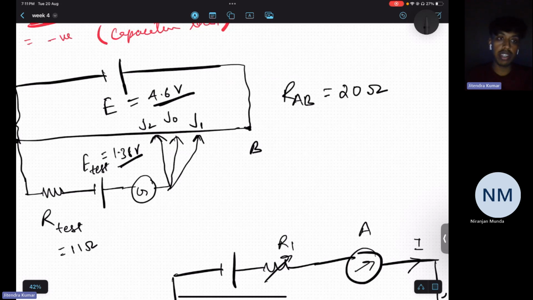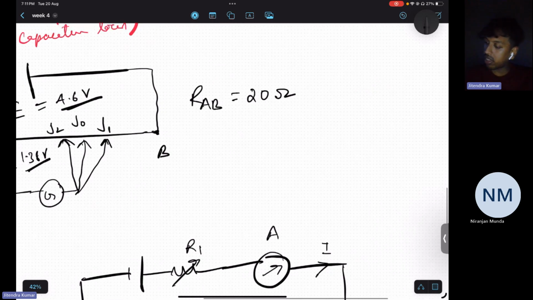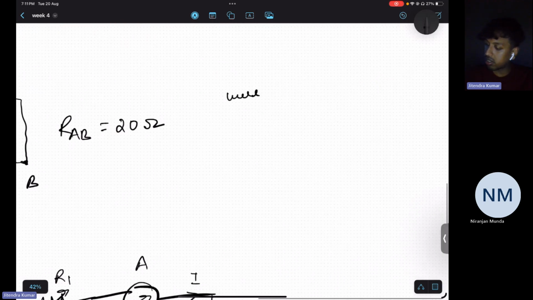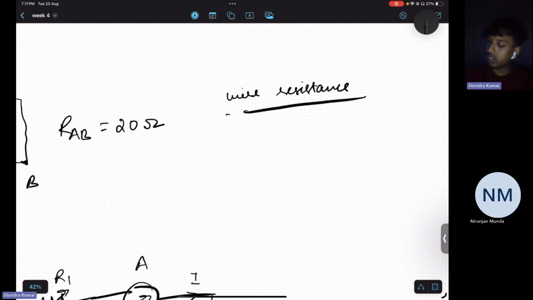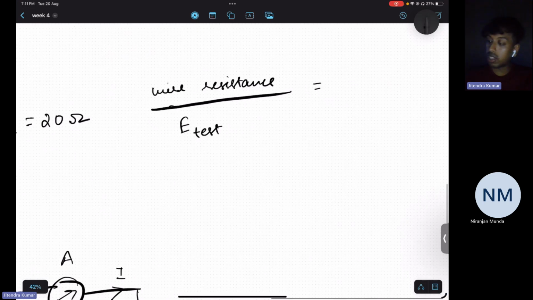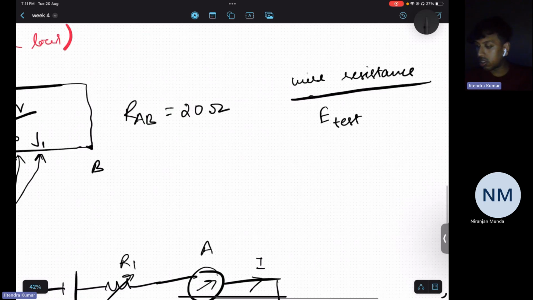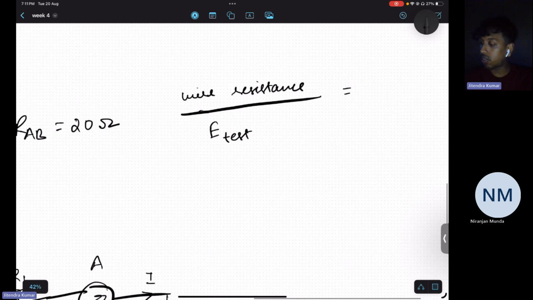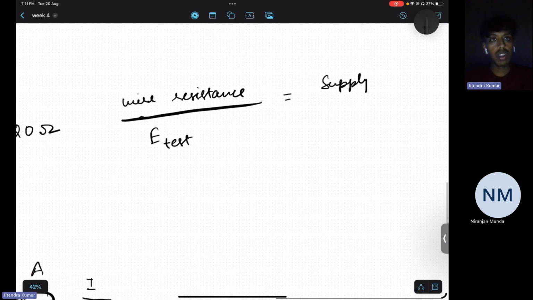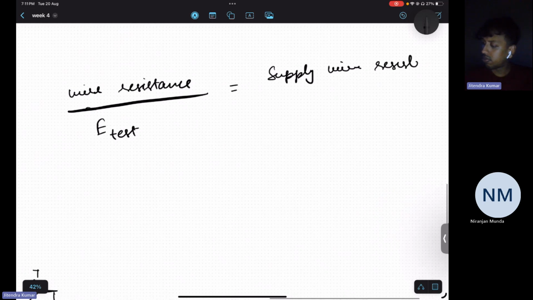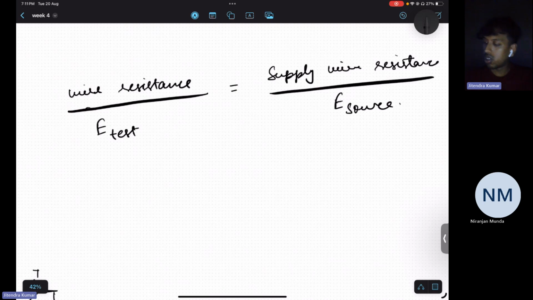Basically for this, the expression is: the resistance R divided by the total supply wire resistance is equal to the test voltage divided by the EMF of the source.